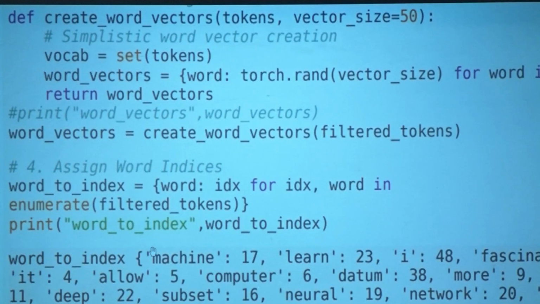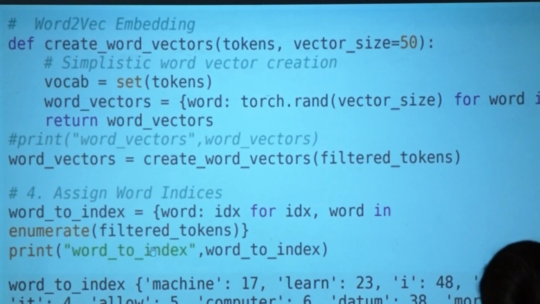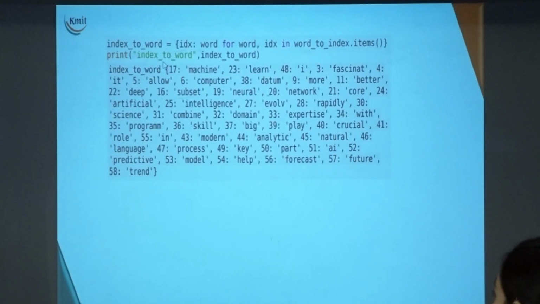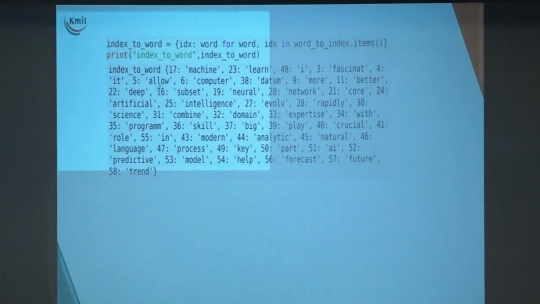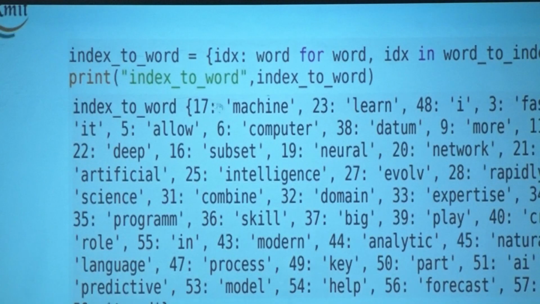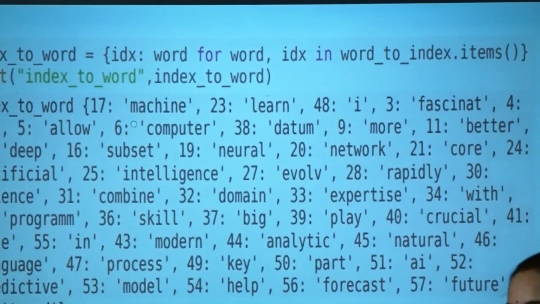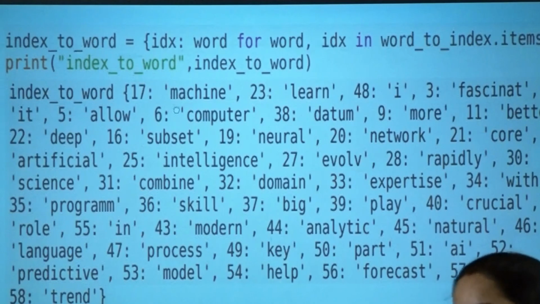This is word to index, and the next slide will be index to word. Word first, index later is word to index; index first, word later is index to word.